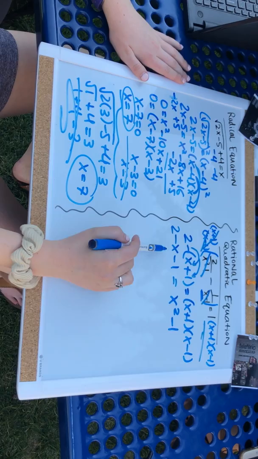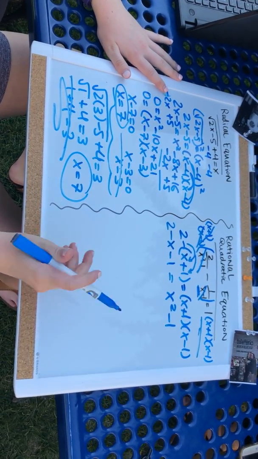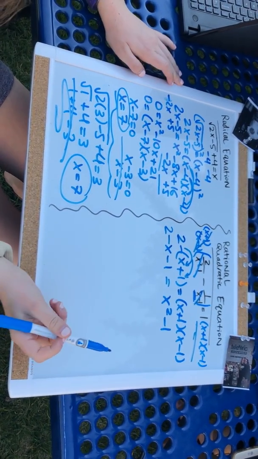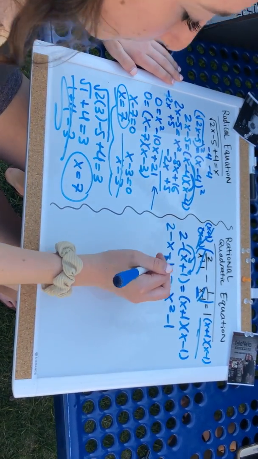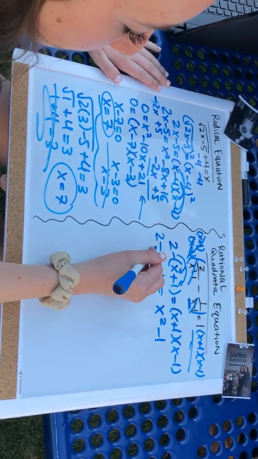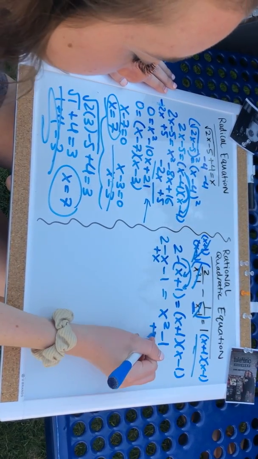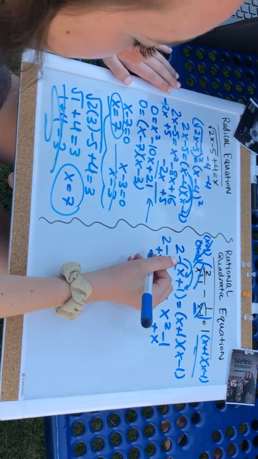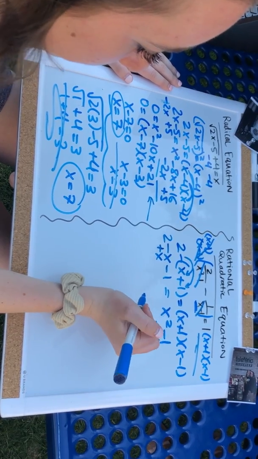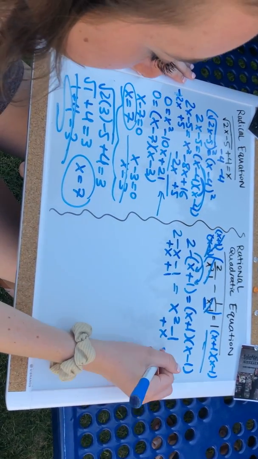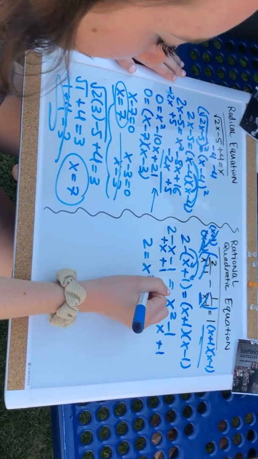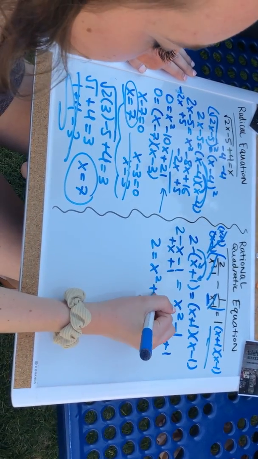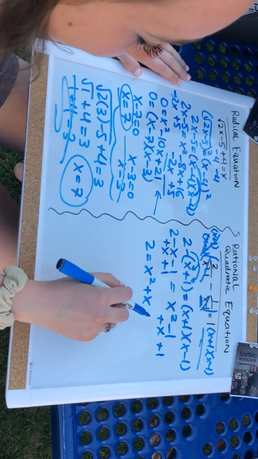So now we're going to combine like terms, so we can get it into a nice quadratic like this one. So let's see. If you add x to both sides and you add 1 to both sides, you have 2 equals x squared plus x.